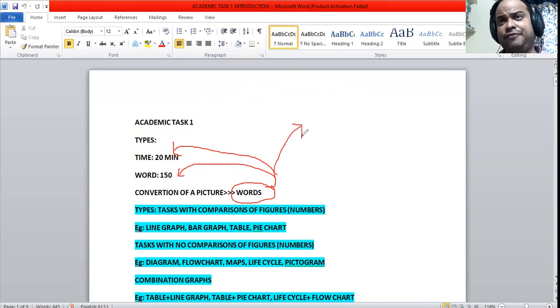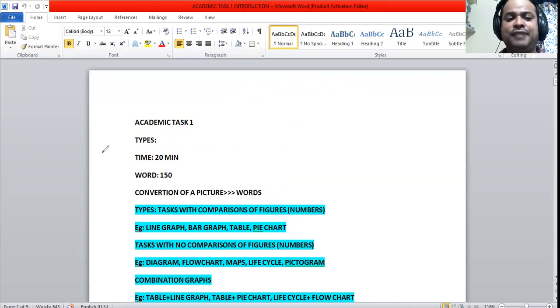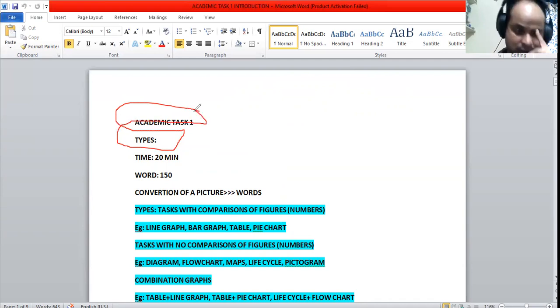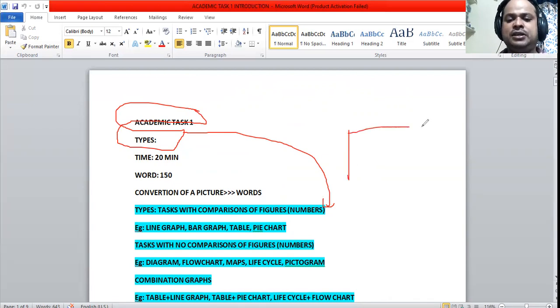We have different types of language for different types of pictures. Before that, let's see the major types of academic task one. Type number one: tasks with comparison of figures, or tasks which include numbers.